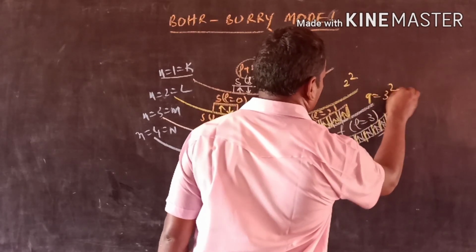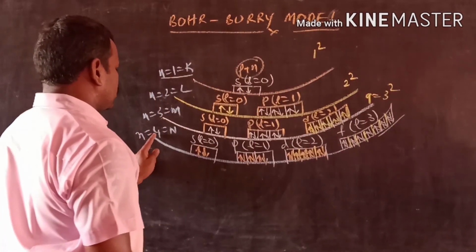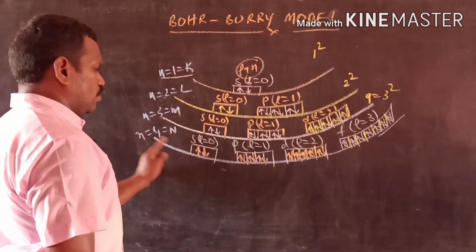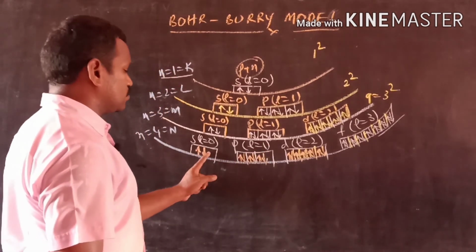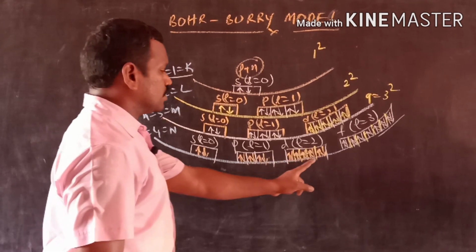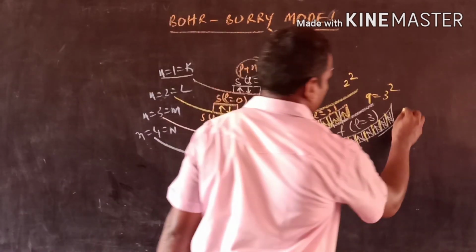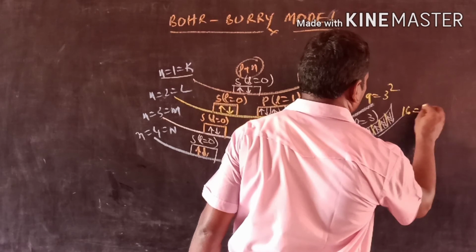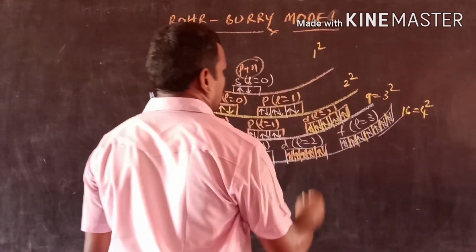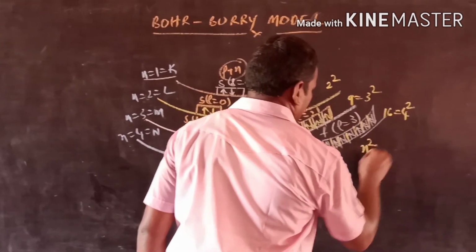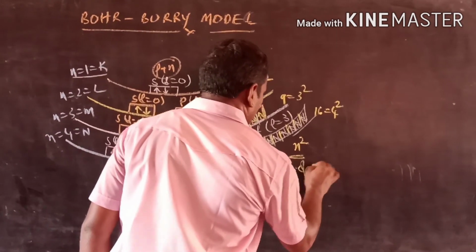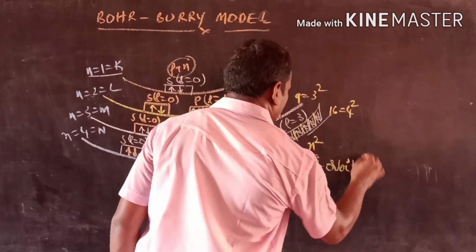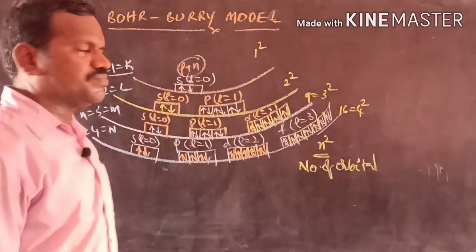This 9 can be written as 3 square. And coming to the main level 4, the number of orbitals are 16. How? S1, P3, D5 and F7, so totally it becomes 16. 16 can be written as 4 square. So n square is the formula for number of orbitals in a given principal energy level.